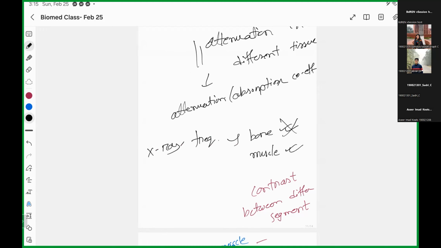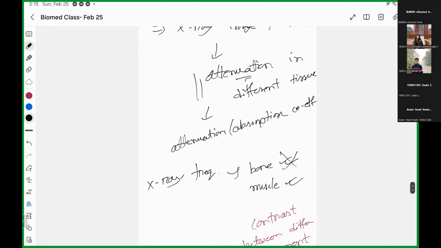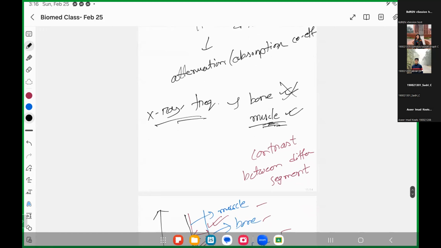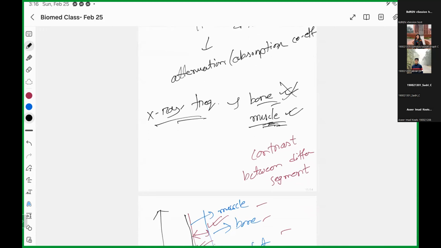To quantify it, you have this attenuation coefficient: how much this wavelength, this radiation, attenuates when it passes through a particular object. The same wavelength may pass through the muscle very clearly, with very little attenuation, but in the bone it has very high attenuation. That is why you are able to differentiate between the bone and the muscle.